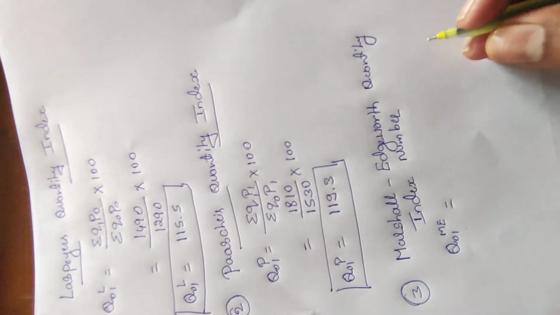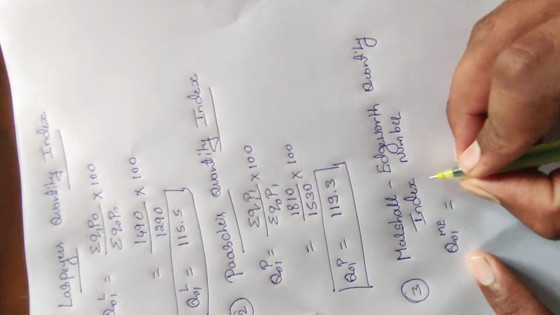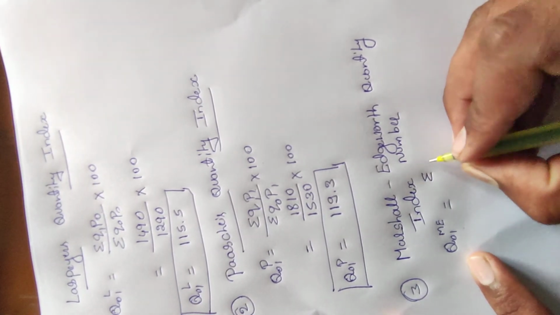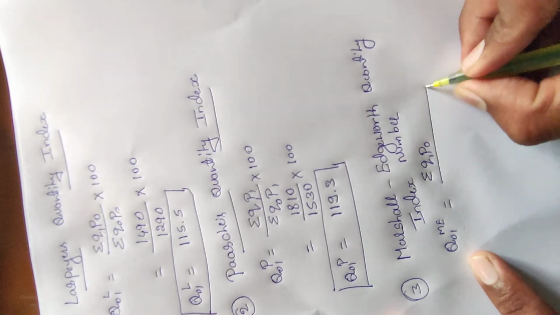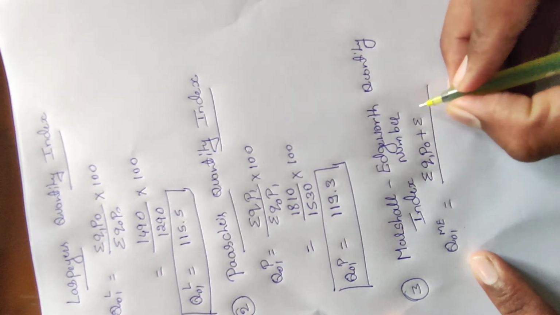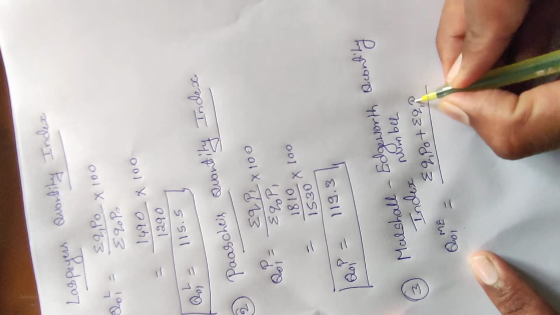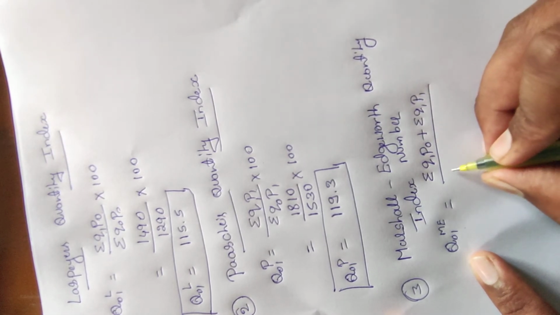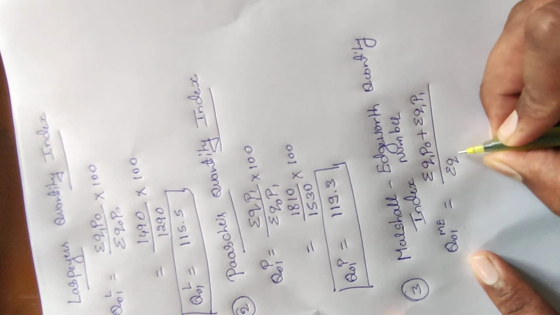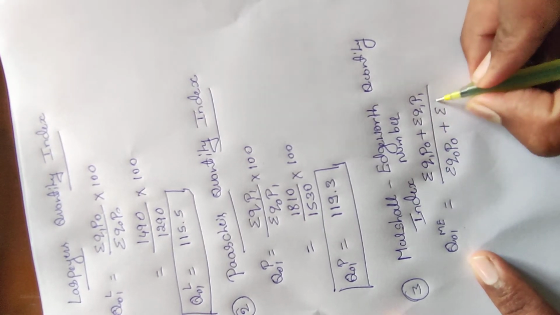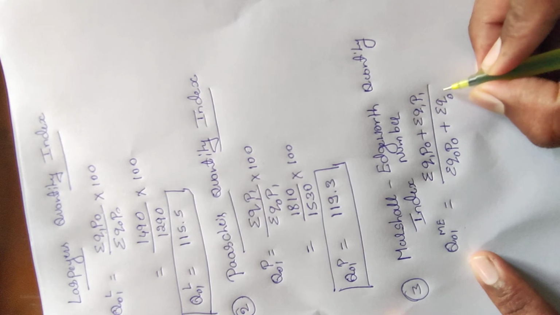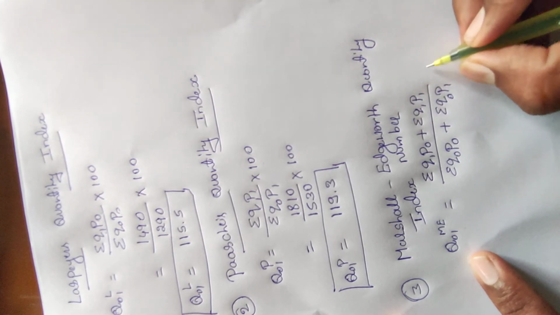The formula for Marshall Edgeworth is summation of Q1 P0 plus summation of Q1 P1 divided by summation of Q0 P0 plus summation of Q0 P1, into 100.